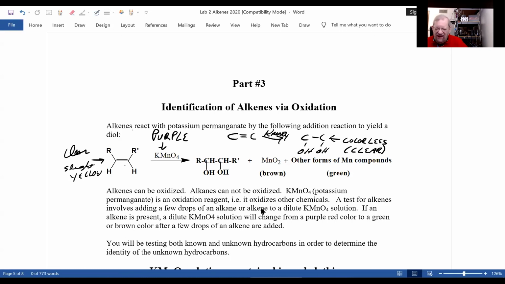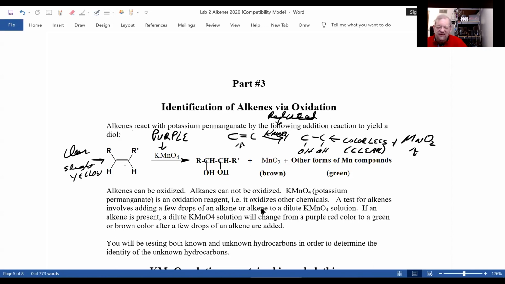But you get something else. When this is oxidized, this is reduced. And what you get is manganese dioxide, MnO2.